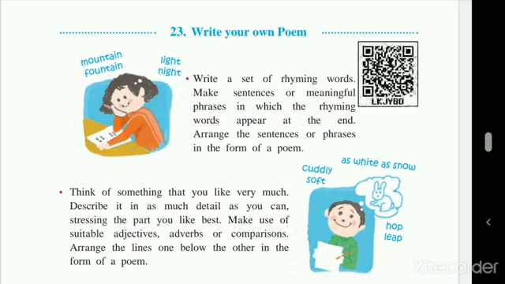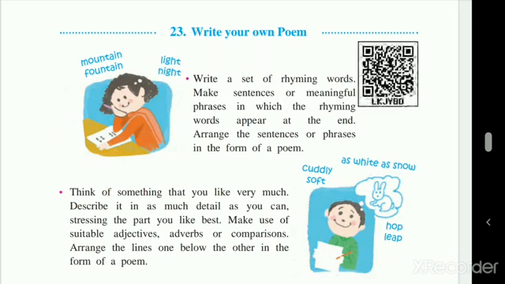Describe it in as much detail as you can, stressing the part you like best. It means you have to describe your favorite thing by giving words and more details about that thing. Make use of suitable adjectives, adverbs or comparisons.